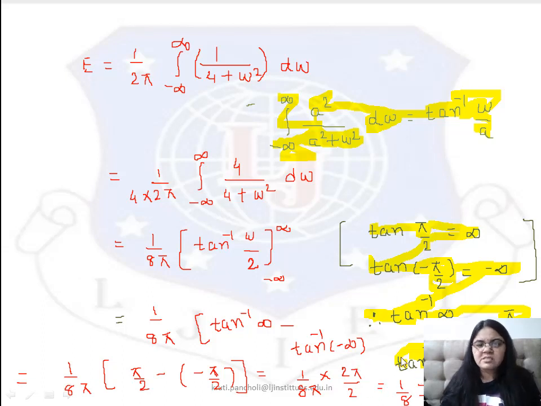Okay, answer is 1 by 8 joule. So if the signals are available in the time domain or in the frequency domain, we can find out the energy residing in the spectrum using Parseval's theorem. So this way you can solve the other examples.